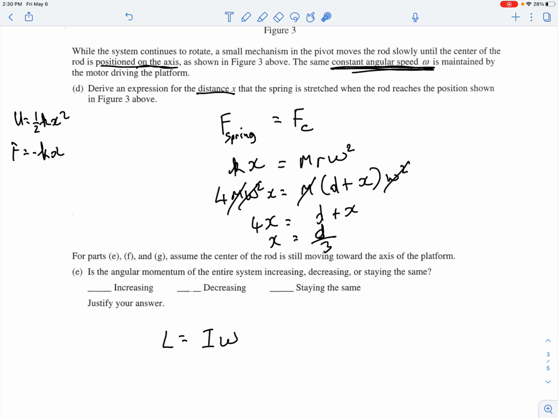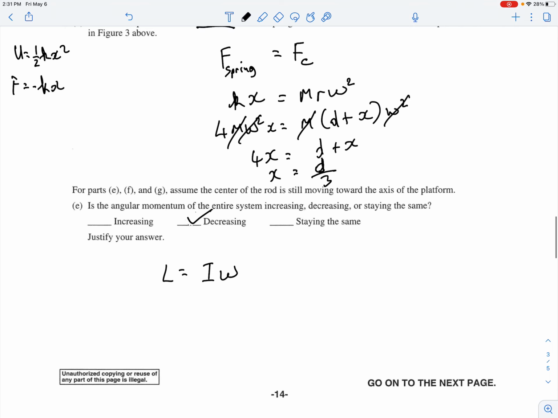The closer the mass is to the axis of rotation, the lower the moment of inertia is. You could try that anywhere. I should make a video where I'm actually doing a little lab on this to explain that to you. So the answer should be decreasing. Why? Because of what I just said. By moving the rod inwards, the moment of inertia of the object is dropping.